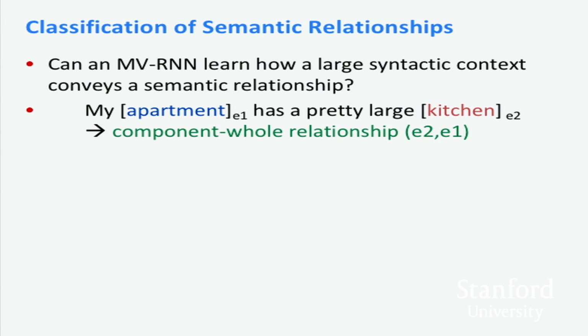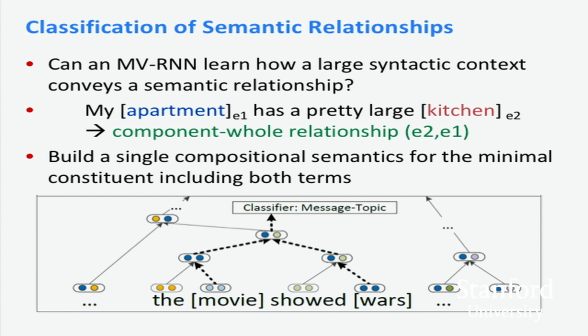It could be a tool that you were using, it could be the material something was made out of, and various other kinds of relationships. And so we explored using this matrix vector recursive neural network to learn these relationships. The way we were doing that is we were building up semantic compositions using the matrix vector RNN model, until you reach the point where the two noun phrases of interest join together in the structure of the sentence.